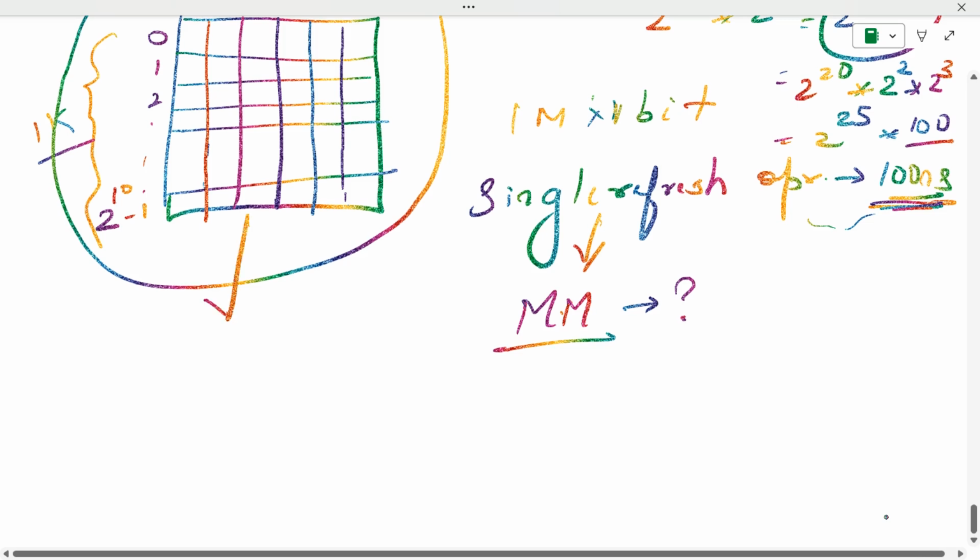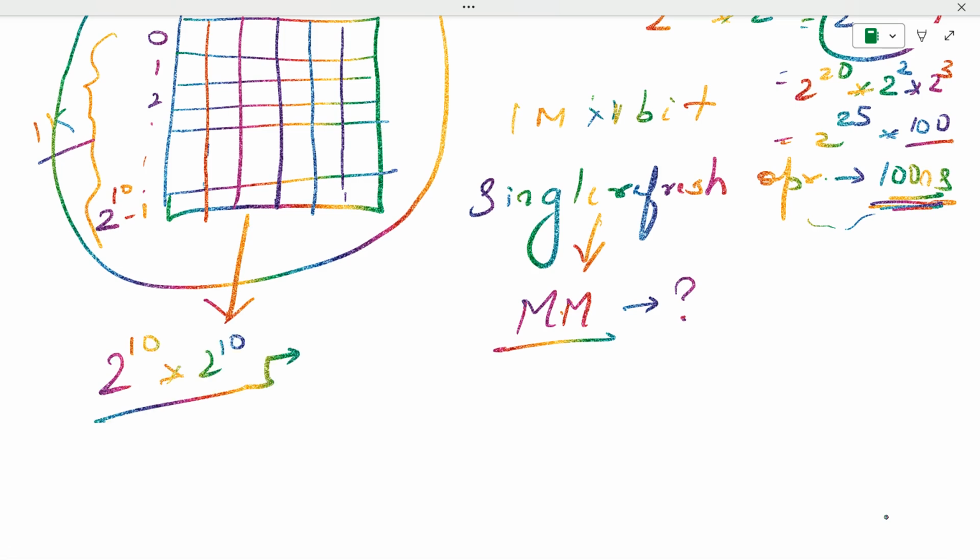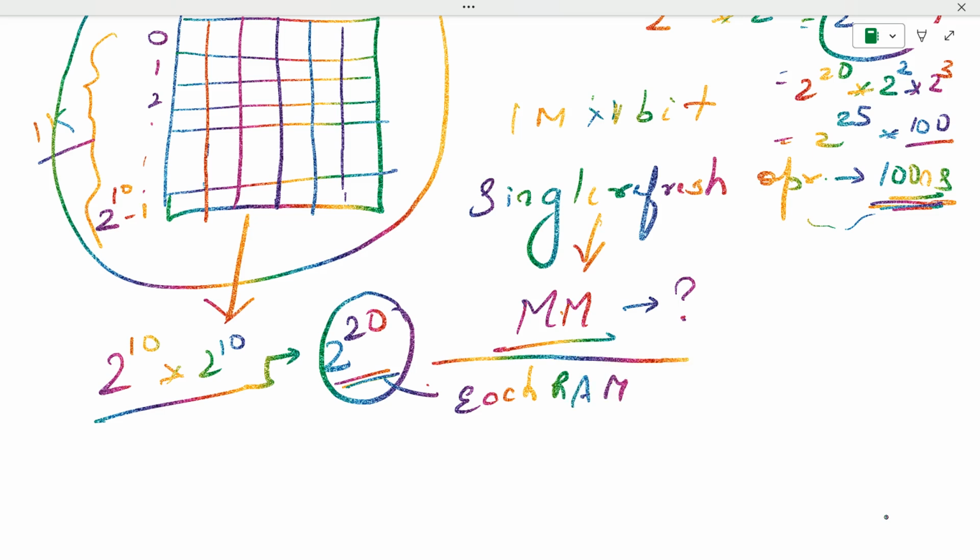So basically what I'm doing is, let me show you. For one RAM consisting of 2 raised to the power 10 into 2 raised to the power 10, we have 2 raised to the power 20 cells. There are 2 raised to the power 20 cells in each RAM. Okay, and this will be holding data equal to 2 raised to the power 2 into 2 raised to the power 3, right?